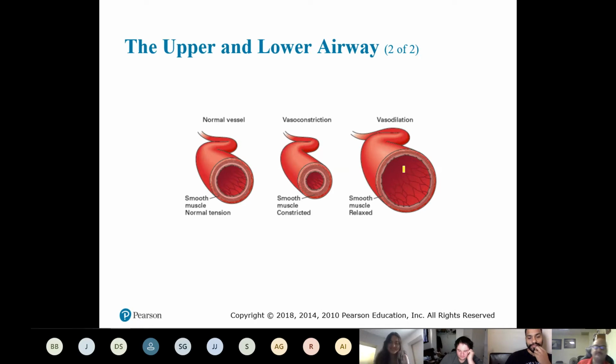High five. Or she made it into a house pet. All right. So that's where vasodilation, or in this case, bronchodilation, is going to occur to allow more oxygen to get into the lungs. Okay, you guys follow? Yeah. All right.